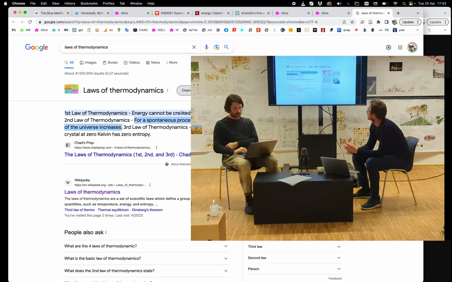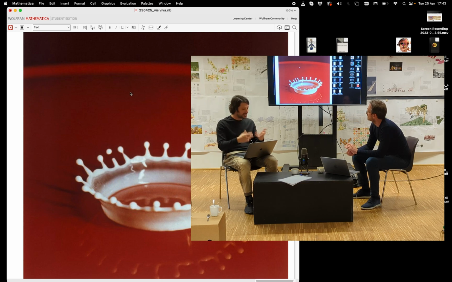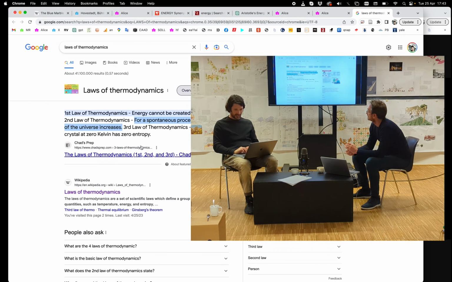So these are the laws of thermodynamics, and if you know the laws of thermodynamics, you can make a simulation of this thing in a computer. If you don't follow them, these things cannot happen. And then the third one is not so interesting for us.